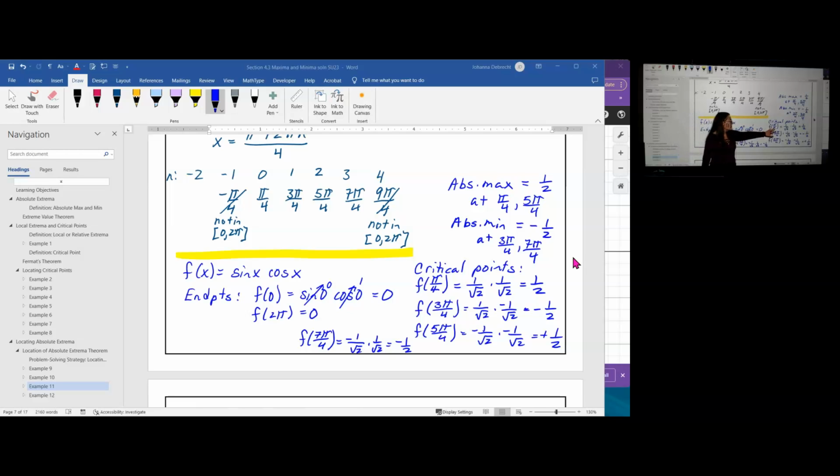When we evaluate it at the critical points, we get that the value at pi over 4 and 5 pi over 4 is a positive 1/2. And at 3 pi over 4 and 7 pi over 4, it's a negative 1/2. Our absolute maximum is thus 1/2, and our absolute minimum is negative 1/2. They each occur in 2 places.